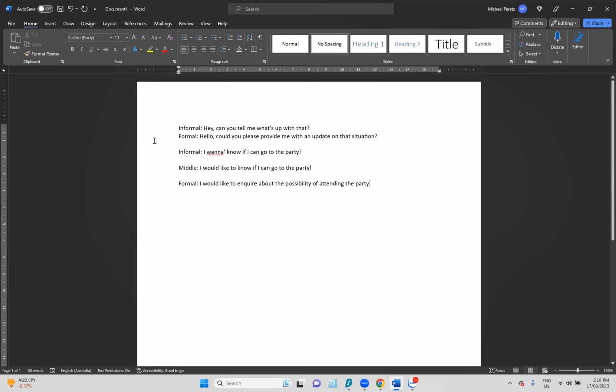So if we see here, I want to know, I would like to know, I would like to inquire, I would like to find out about the possibility of attending the party. So we see here the difference.